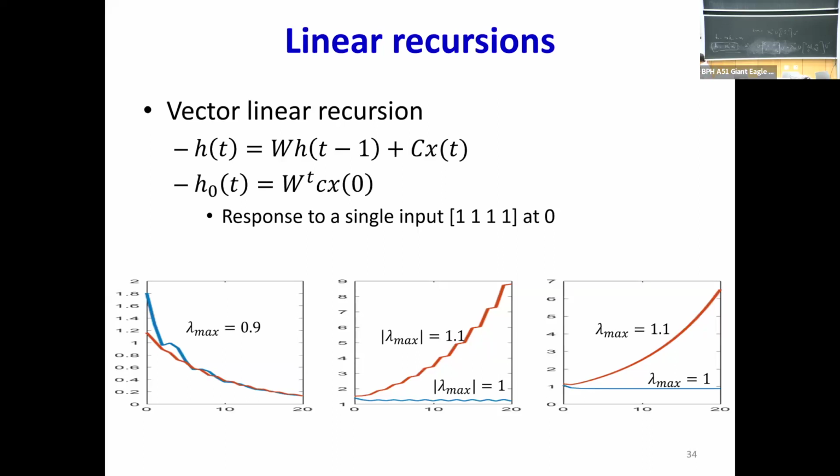So I'm plotting the magnitude. So here, this is a response of the hidden vector H to a single input, which is a vector of 1s at time 0. Okay, and you can see how the thing either vanishes or blows up.